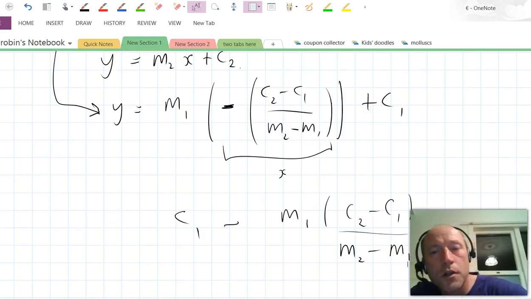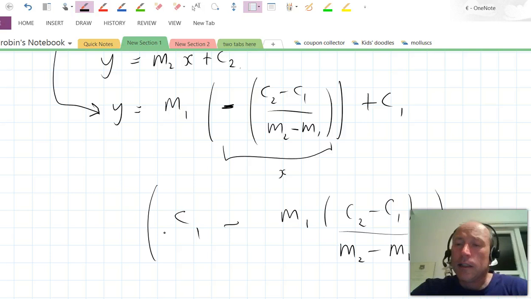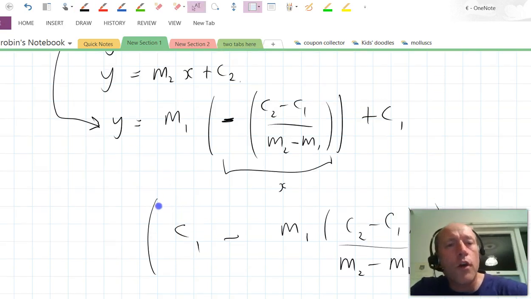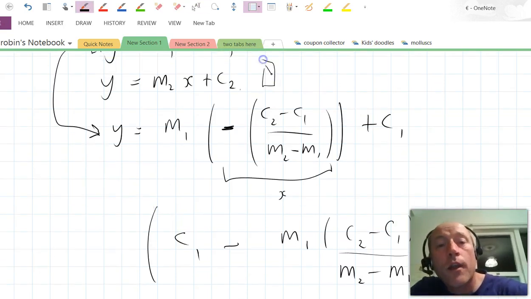There you go. And so that's my value of y at the crossing point. I could just leave it like that, but a good mathematician always checks. And we've got another equation here to get y.